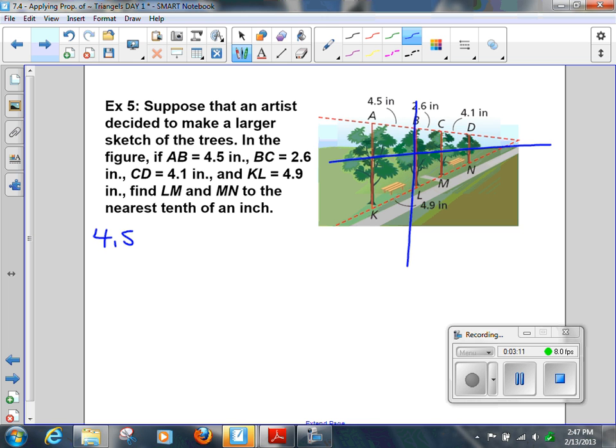4.5 over who? 4.9 is equal to, keep going, 2.6 over, I'm going to put it as LM because that's one of the pieces we're trying to find, okay? And if I put X, then I'll forget what X is supposed to be and I'll answer it wrong.